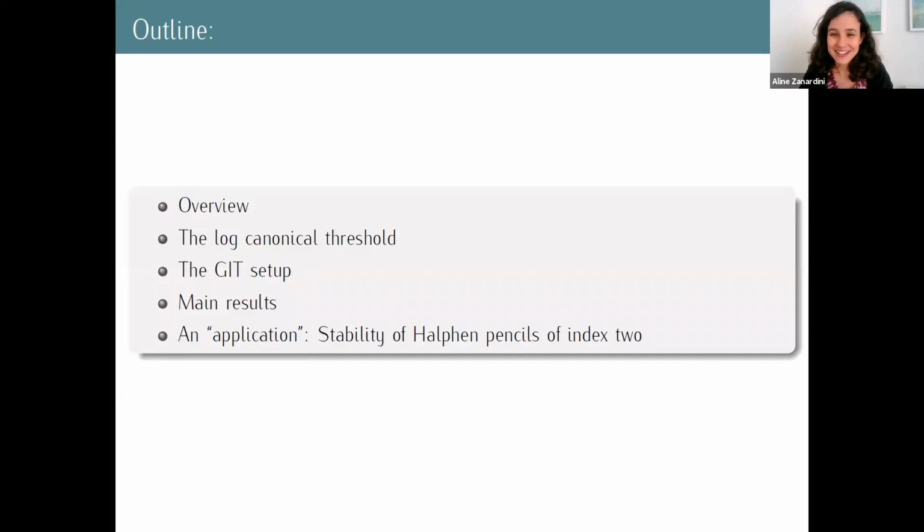So these are very classical objects. They were introduced in the 1800s, and there's a very rich geometry attached to them. So this is my plan for the talk. And before I forget, everything is over the complex numbers.